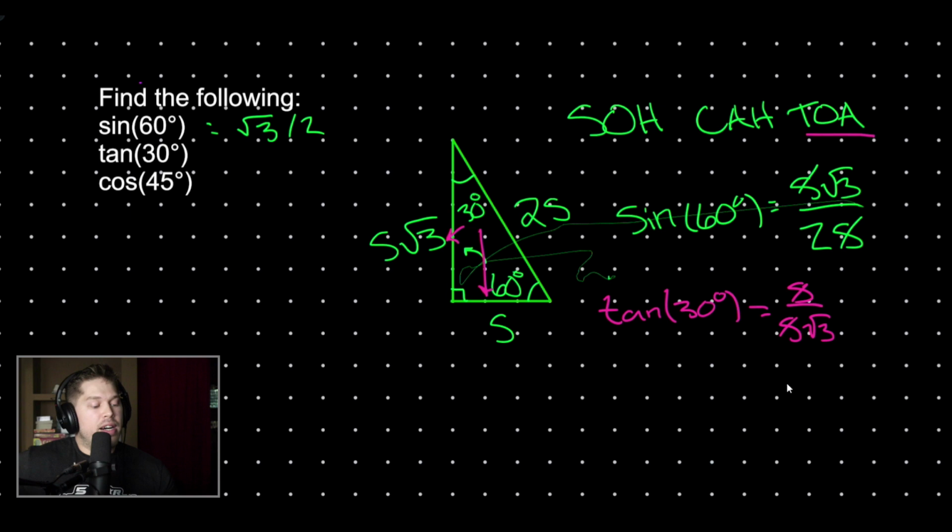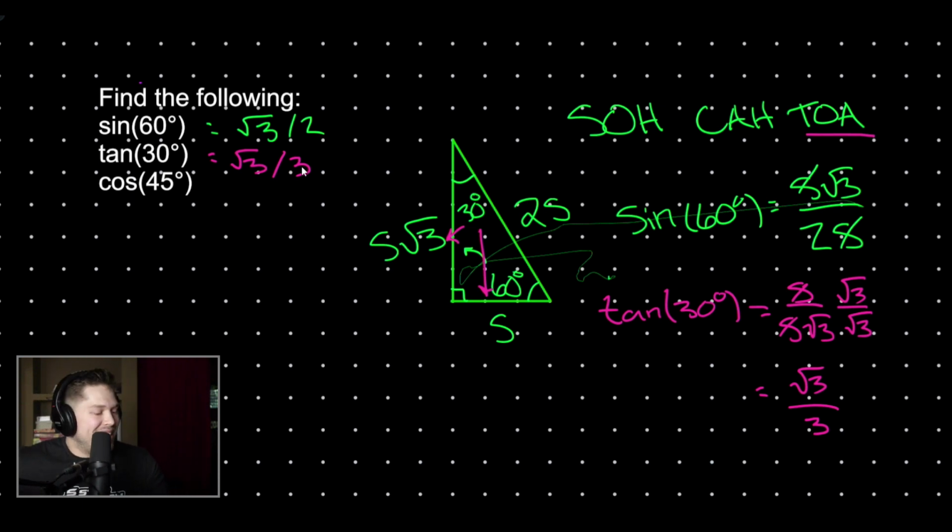Our s's cancel out. Now, we can't have a radical in our denominator, so we're going to multiply both our numerator and denominator by square root of 3. And once we do that, we're left with square root of 3 in our numerator and 3 in our denominator. So tangent of 30 degrees is equal to root 3 over 3.